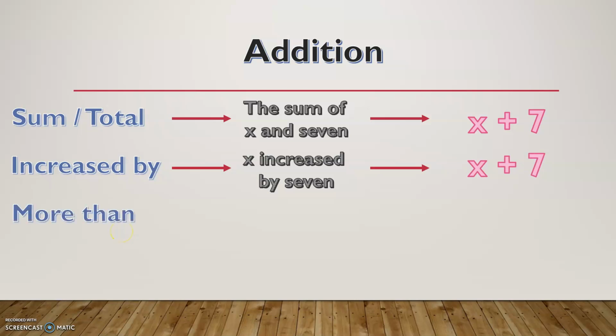If we have more than, and the other one, added to, there will be a change of places of the given. So, for example, x more than 7. If you're going to write it in the given order, it's x plus 7. But since we have used the word than, then we are going to change the place of these two terms.